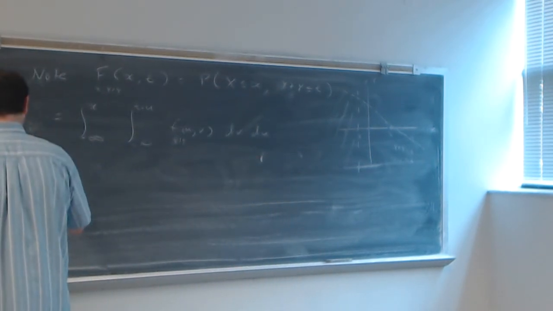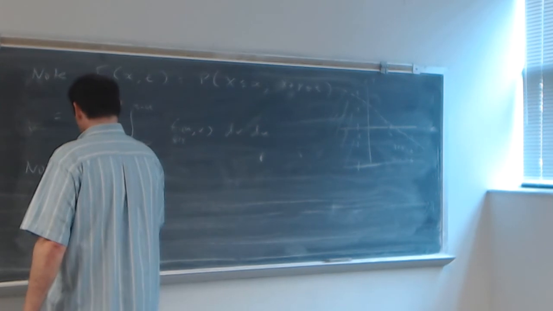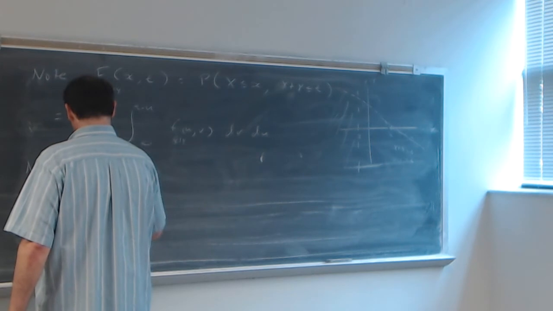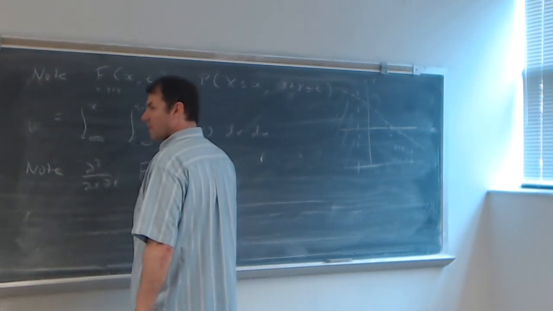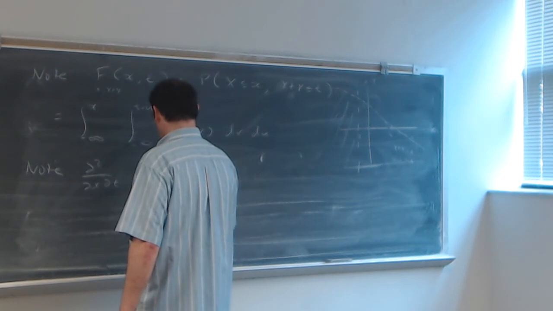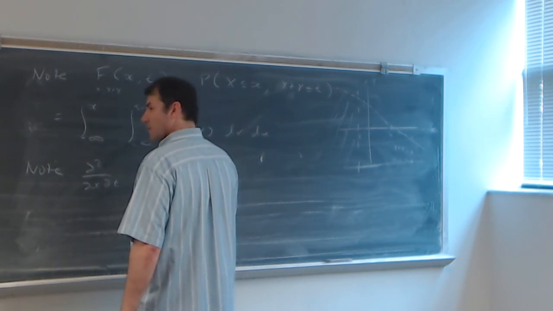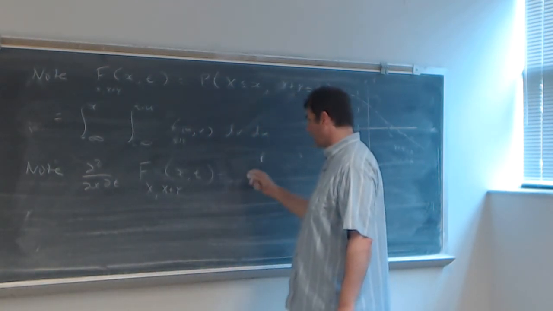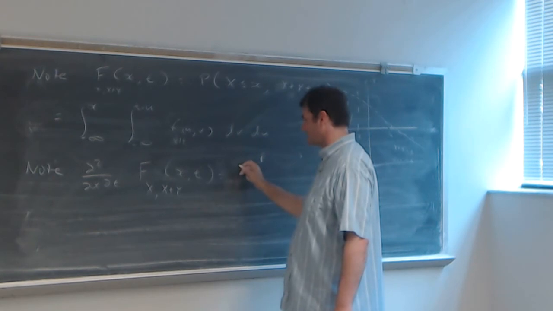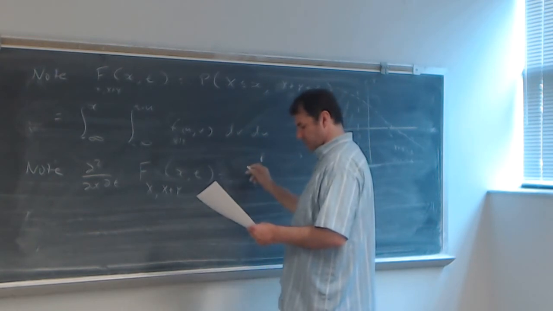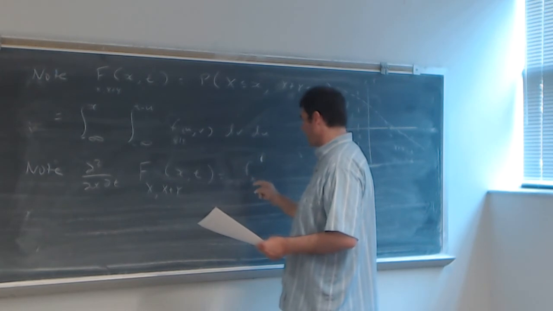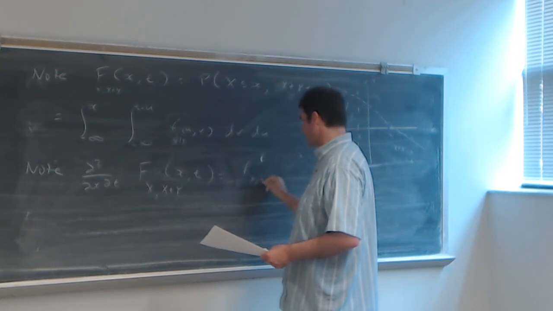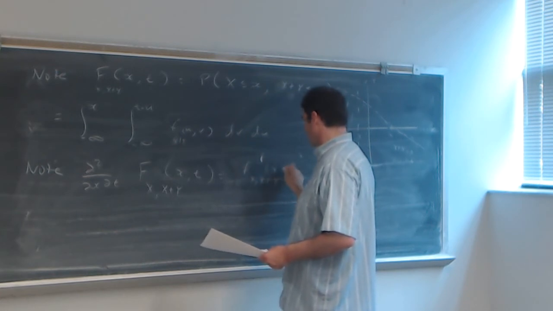Now, we also note that if you take the partials with respect to x and t first of the joint CDF here of x, t, when you do that, remember we said this, what you're supposed to get is the joint PDF of x with x plus y of x, t.